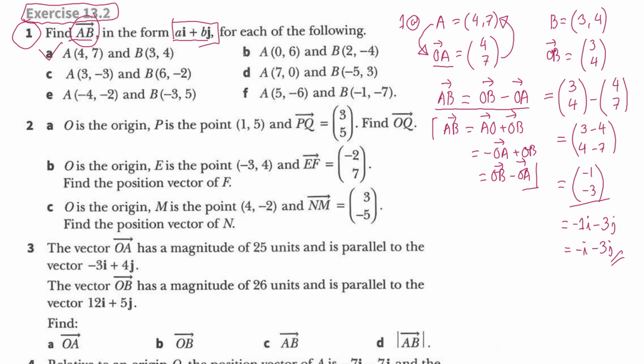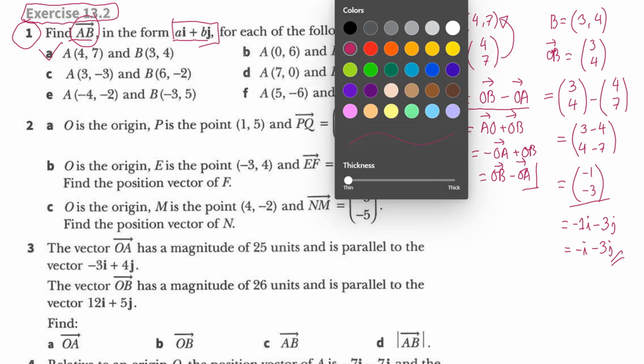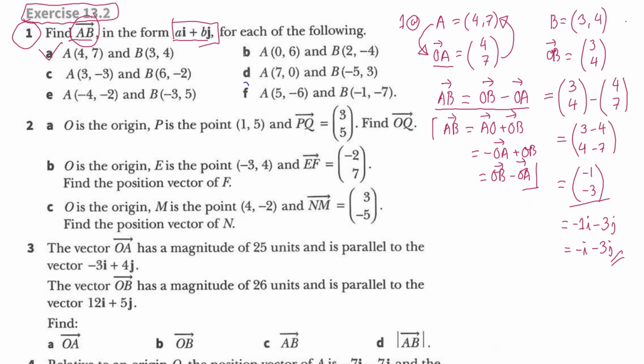I am going to show you one more question, but without explaining in that way, using the blue color, for 1f. Take a look here. A is given, so I am writing OA directly as 5 by minus 6, and B is given, so we can write OB directly as minus 1 by minus 7. Then AB is, as we know, OB minus OA.